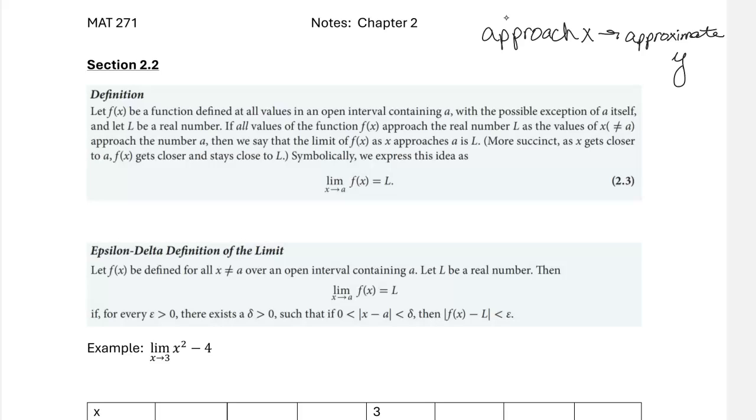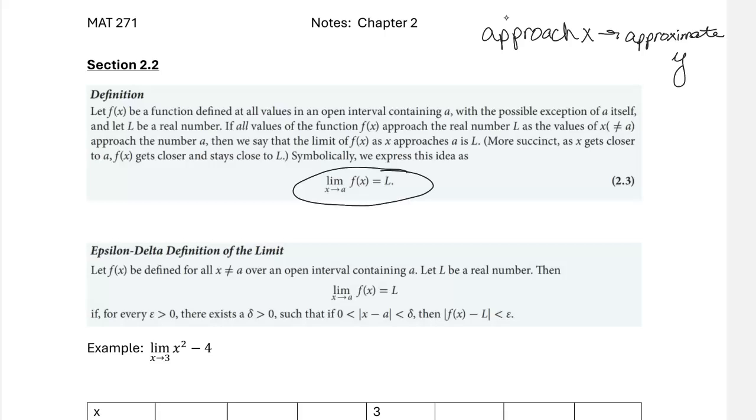So let's look at some notation. The notation for the limit is going to look like this. And so you see that arrow here, that we read as x approaches a. So the limit as x approaches a of f of x is equal to L, where L is going to be some finite value. There's going to be some examples where we're going to approach a finite value.